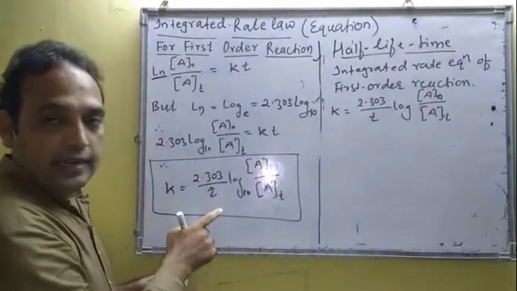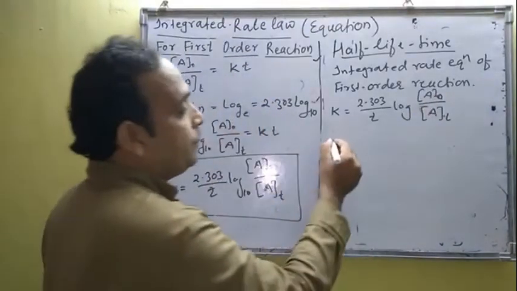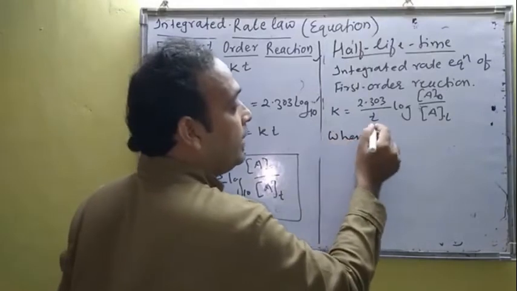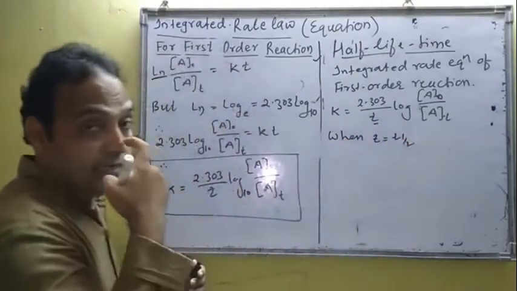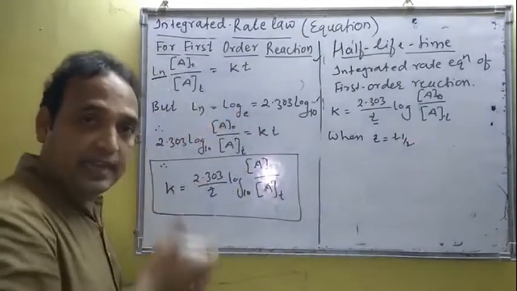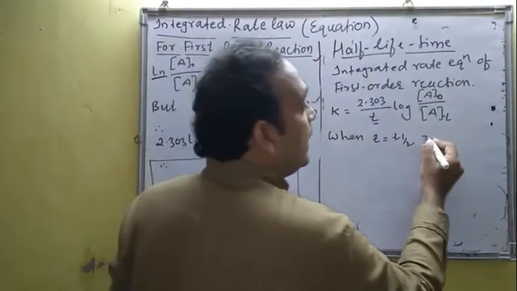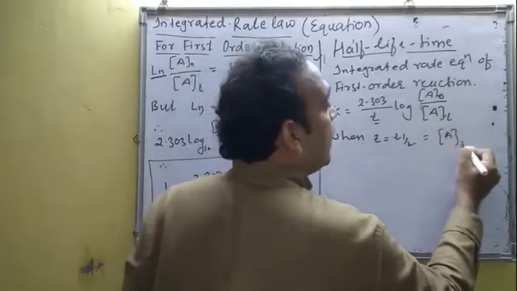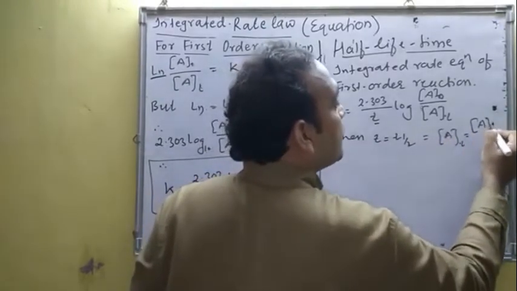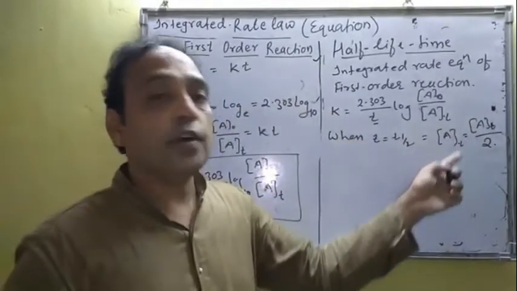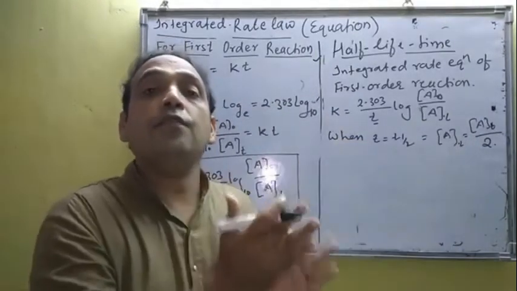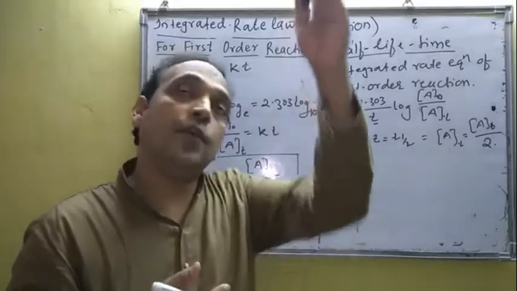Okay, this is your integrated rate equation. But when t is equal to t half, when half time is reached, what will my At become? Here At becomes half of the initial. And why does At become half of the initial? Time required to complete half of the reactant into product, and half of the initial I will take.